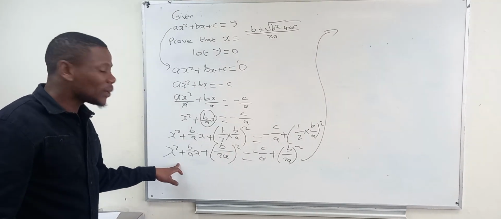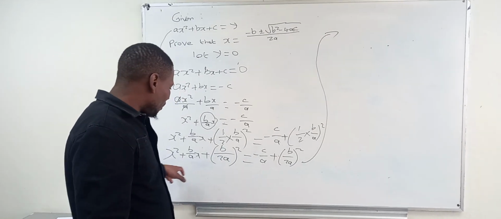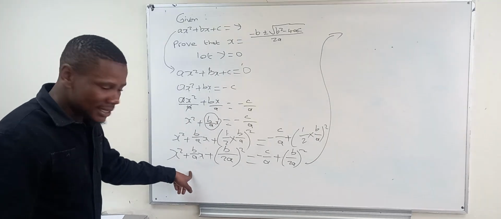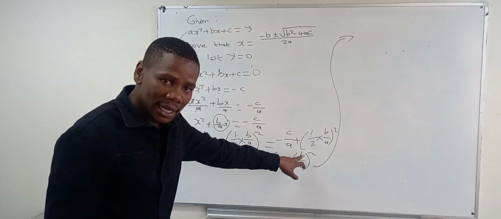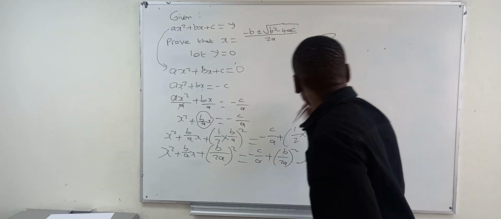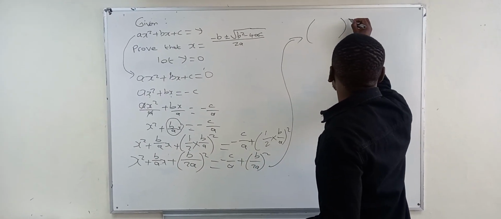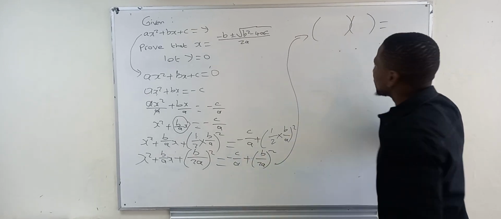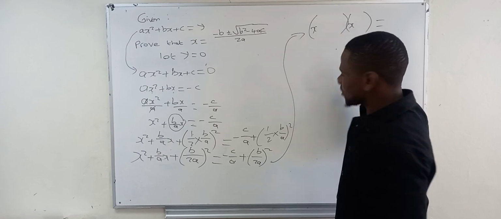From this side, you can simplify. By simplifying this side, you have to factorize it. This side, you have to rationalize after simplifying this bracket. So, if you simplify this, you make two brackets by factorizing it. So, you'll be having x and x.